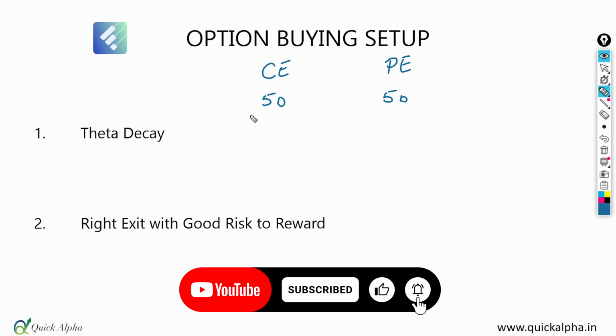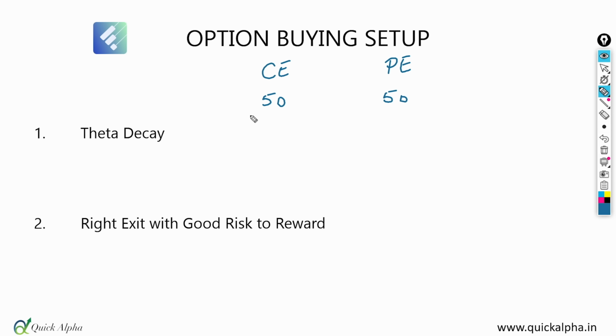Let's assume the market actually starts to trend in one direction. It can either start to trend upside or come down. In this case, let's assume the market starts to go up. So this call option from 50 rupees slowly becomes 55, and it starts to gain more momentum. It becomes 60, then 65, and then it suddenly gains more momentum.